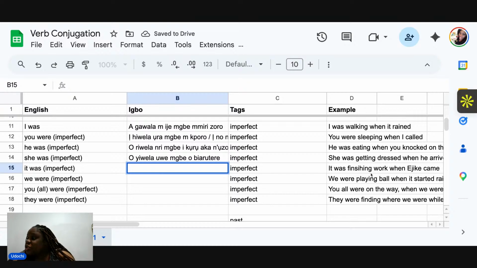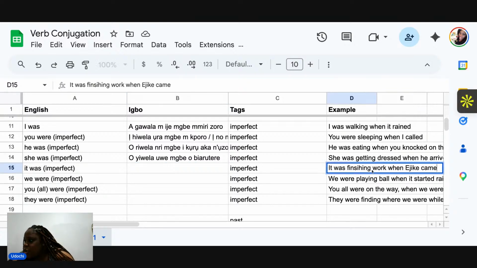So, no, my bad. It's not work. We'll say the movie was finishing, or the song, or the party. The party was finishing, or the event was finishing when. If we say the event was finishing or the party was finishing, we'll say ogocha, I think.